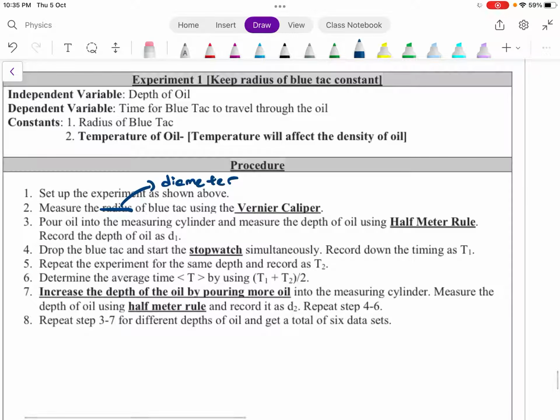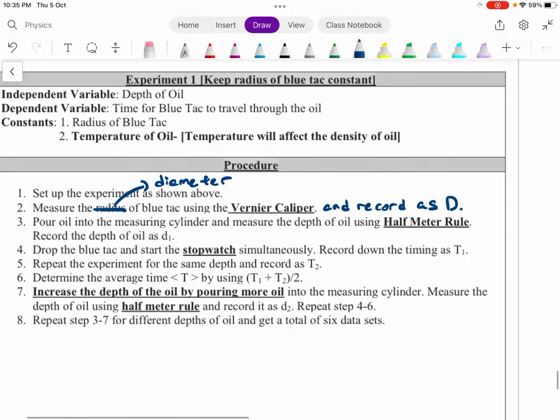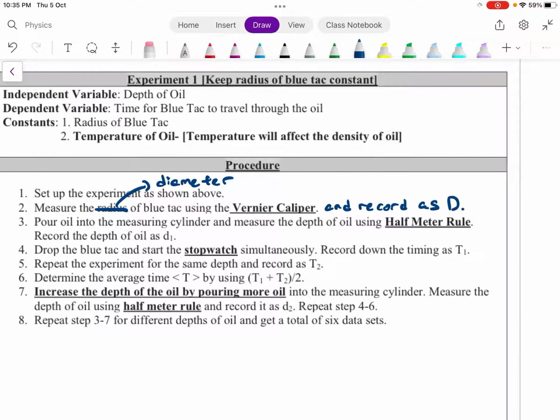You simply use the diameter divided by 2. So it's good to say, measure the diameter of the blue tag using the vernier caliper, which is the instrument used to measure the variable, and record it as big D. Then you must also tell them how you get the radius: the radius can be calculated using D divided by 2.